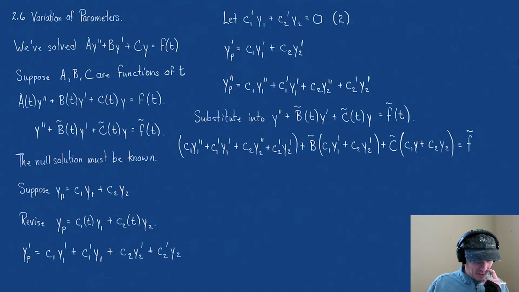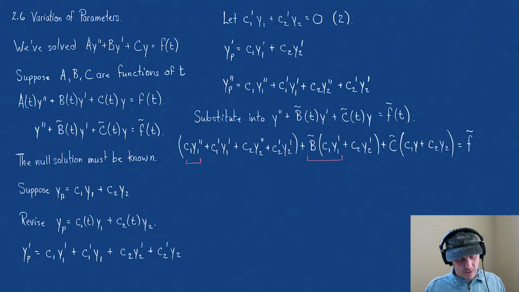Now, this is where this may not be obvious initially, but if you look closely and you have a red pen like this one, notice that c1 y1 double prime plus b times c1 y1 prime plus c times c1 y1, oops, I forgot a 1 on that one, that is the null equation.